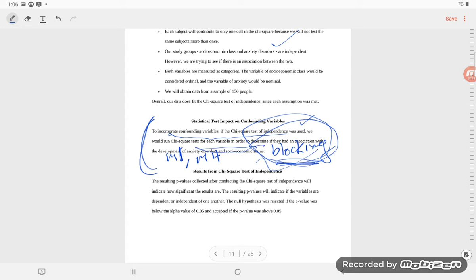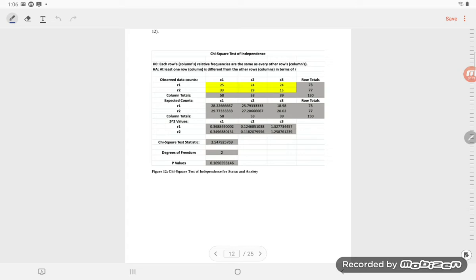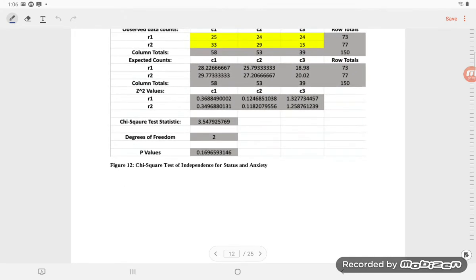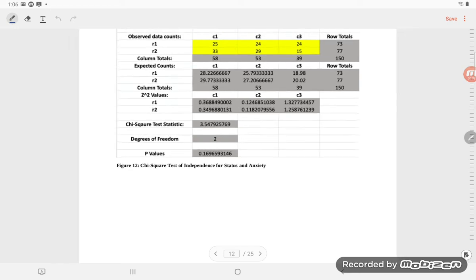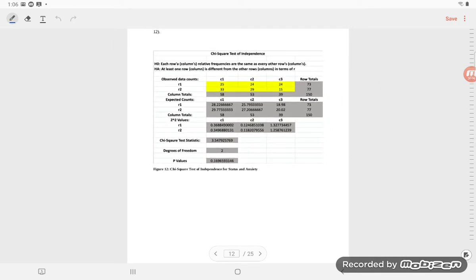Okay. Now, how might they have handled that? Well, let's look at their chi-square. Here they went through the chi-square and they start with status and anxiety. Perfect, because those are their main variables. So they started with that.